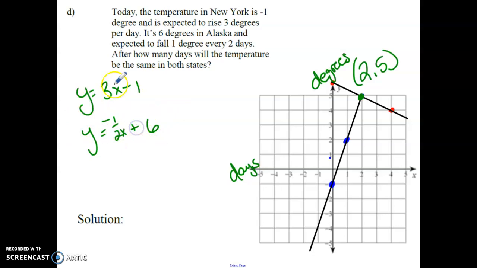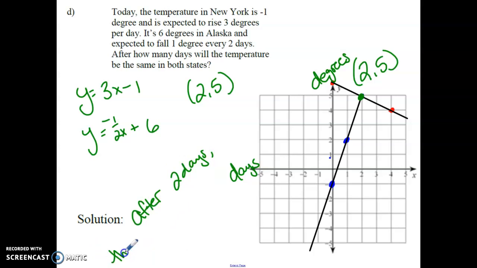So if you wanted to write equations, those are the ones I graphed. They cross at 2, 5. And if you need to explain the context in this, you would say after 2 days, the temperature in both states is 5 degrees.